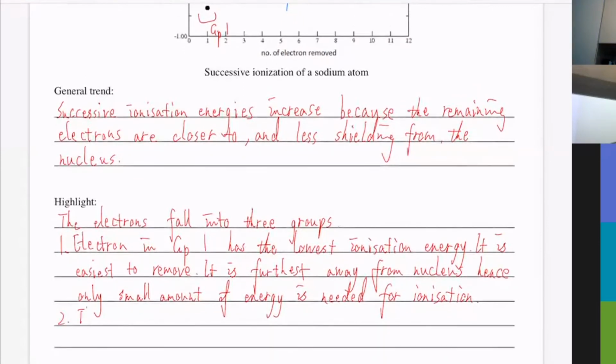So you could say these 8 electrons are closer to the nucleus, with stronger attraction, so they need more energy.